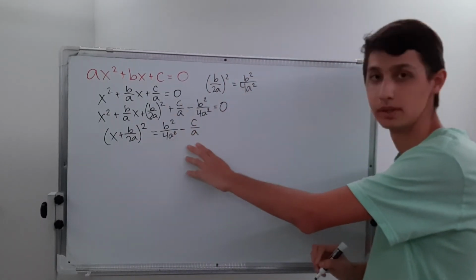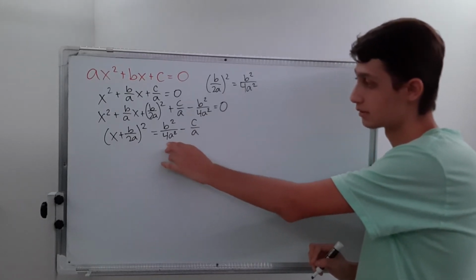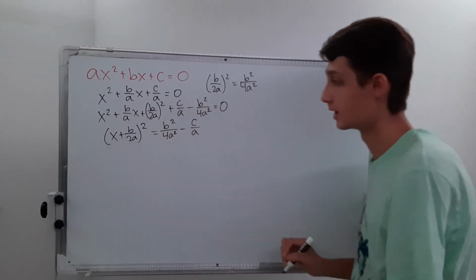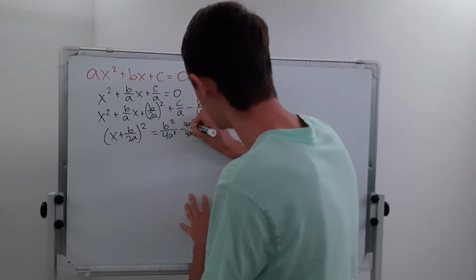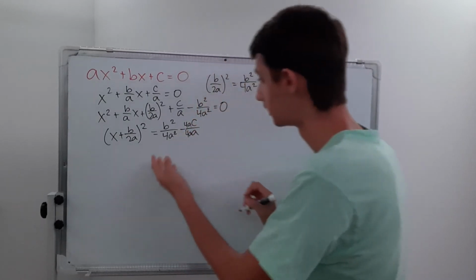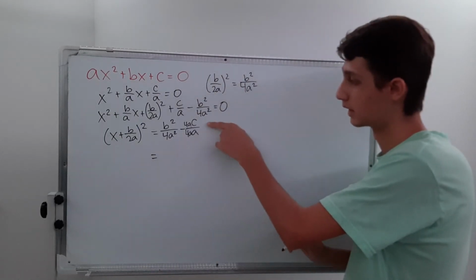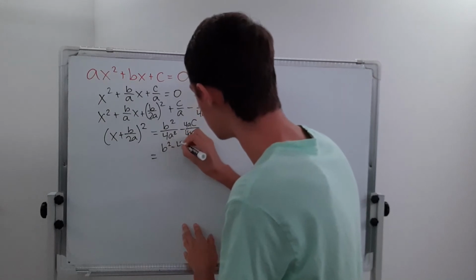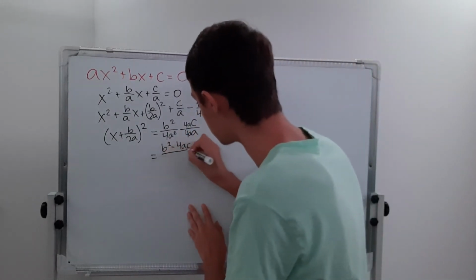Let me do some manipulations here. I want to combine these two fractions. To get from a to 4a squared, we multiply the top and the bottom by 4a. So we're going to do 4a over 4a here. This helps us out. So we get b squared minus 4ac over 4a squared, like we have for both of them.